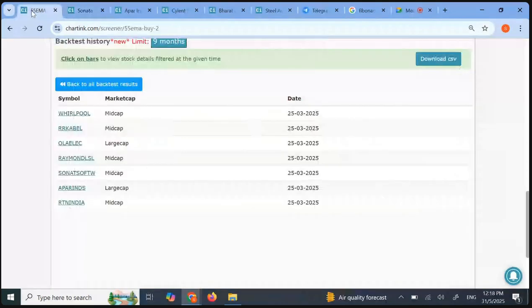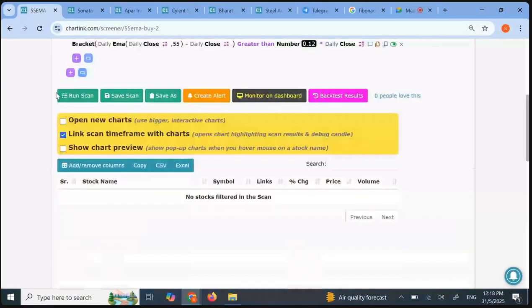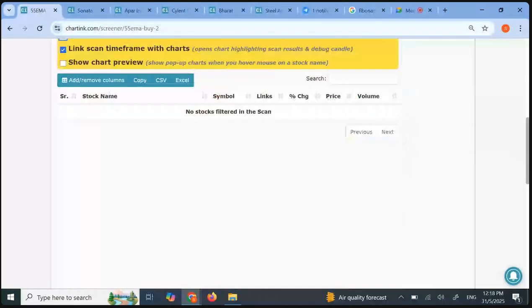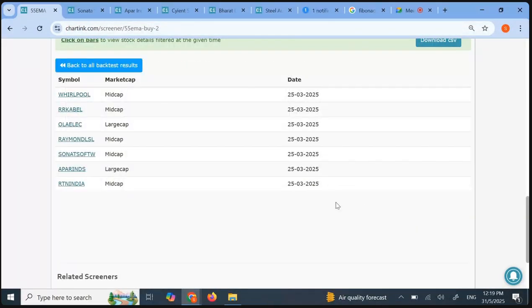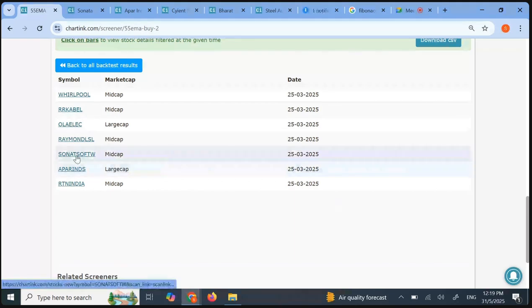How do we make sure Sonata came earlier as well? So select this option where it is interactive. There it will show all the colored lines. We are again going to the same day, 25th. Now Sonata will open. You just check Sonata, you have many vertical green lines.